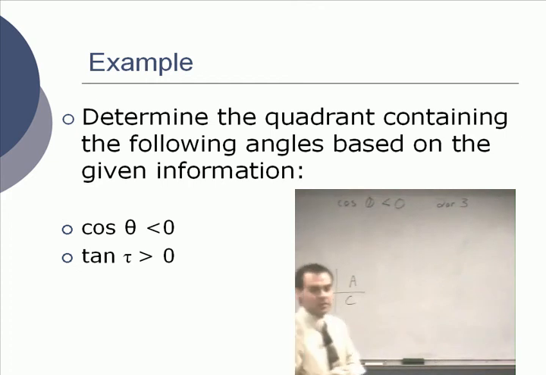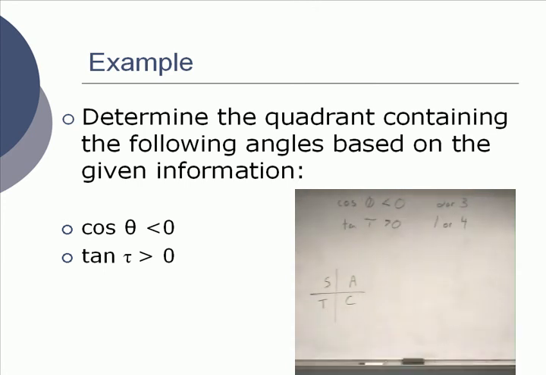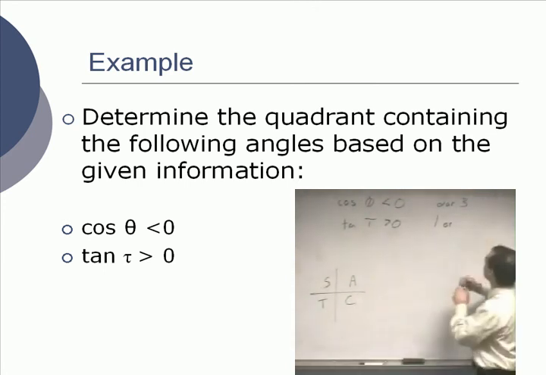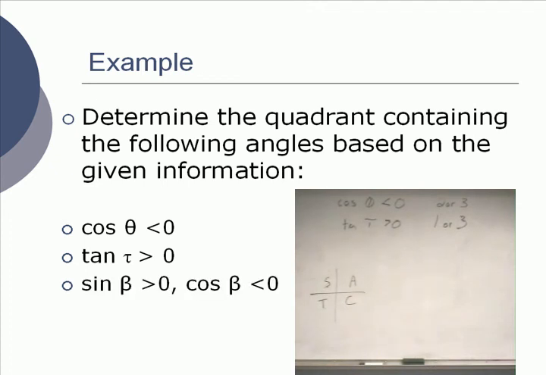Tangent of an angle is positive. We must be in quadrant what or what? 1 or 4. That's right. Oh, I'm sorry, 3. 1 or 3, not 1 or 4. And what quadrant must you be in if the sine of beta is greater than 0, but the cosine of beta is less than 0?